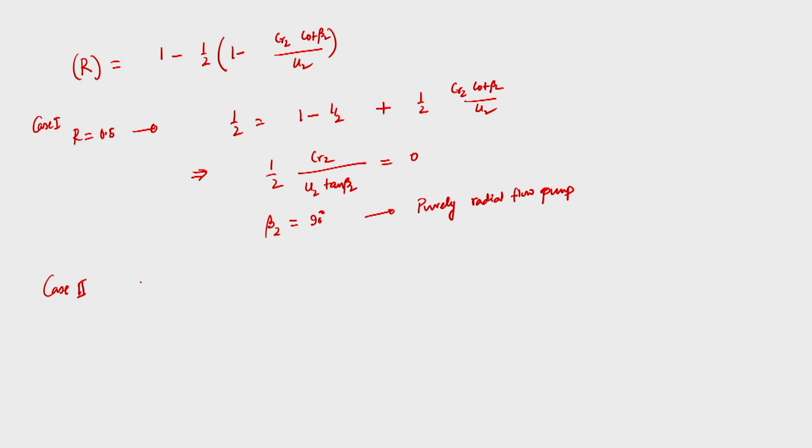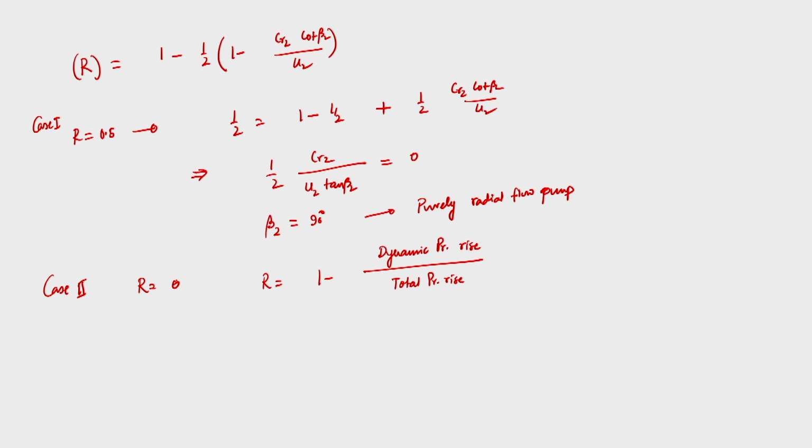If I take case 2, let us say R is equal to 0. Then, if I try to recall the expression, R is equal to 1 minus dynamic pressure rise by the total pressure rise.